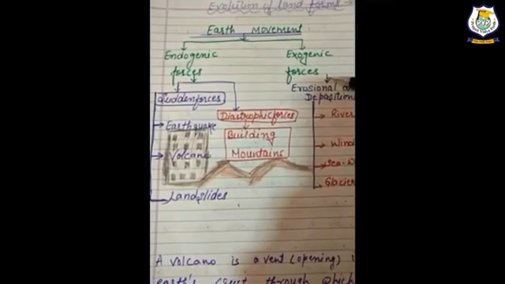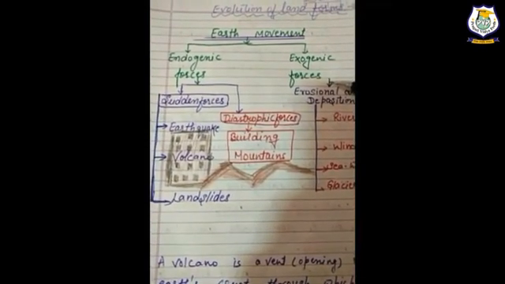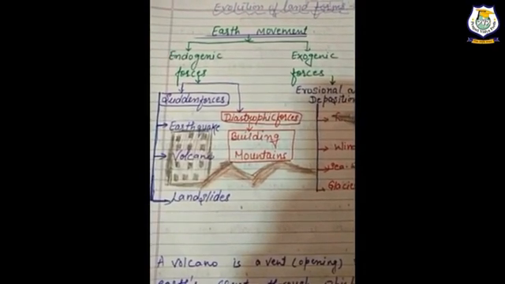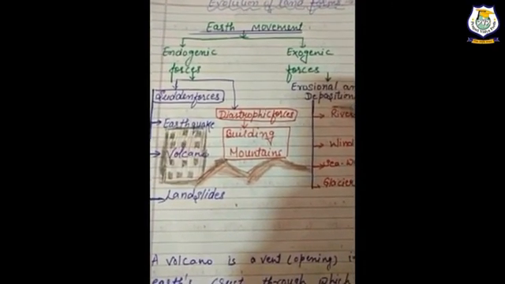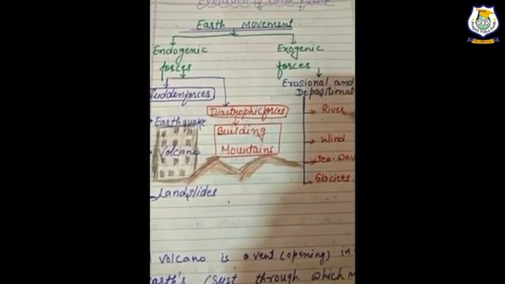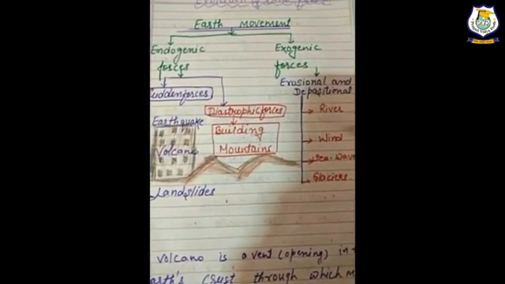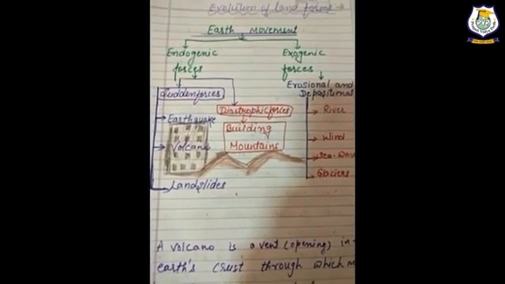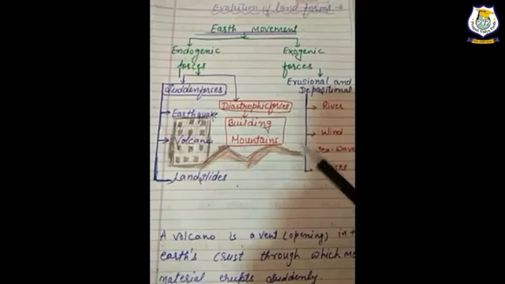Similarly, the forces that work on the surface of the earth are called exogenic forces, and they are caused by the erosional and depositional work of rivers, wind, sea waves and glaciers. So let's discuss these forces one by one.